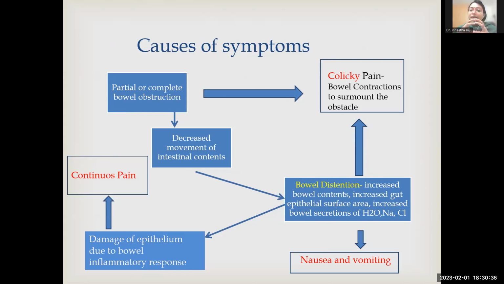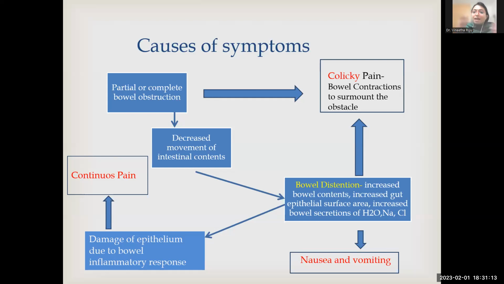There is an increased gut epithelial surface because of the distension, and because of this, increased bowel secretions. This in turn causes colicky pain. And because there are so many secretions, it can cause nausea and vomiting. It can also cause inflammatory responses, which in turn make the pain continuous.